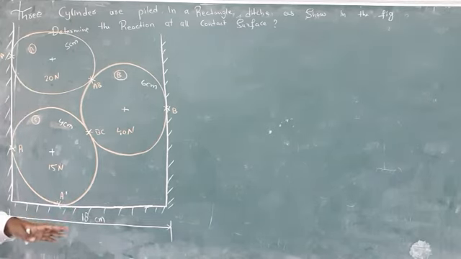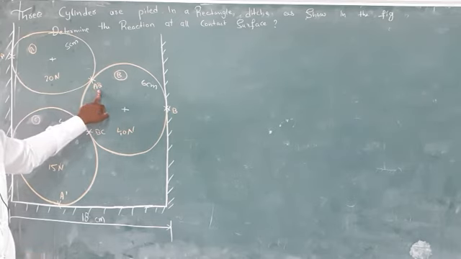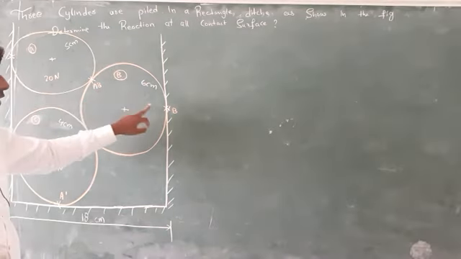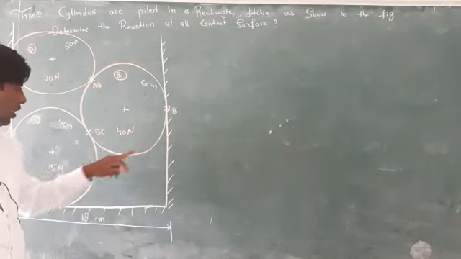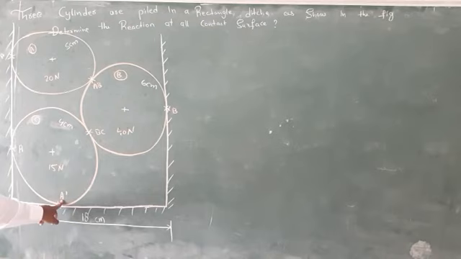It's up to you, whatever indication you want to follow. So this one is A, the touching point is AB, this one is B, this one is BC, this one is A dash, and this one is A.